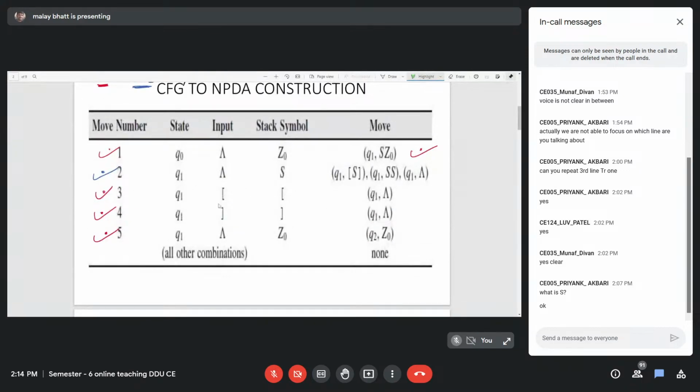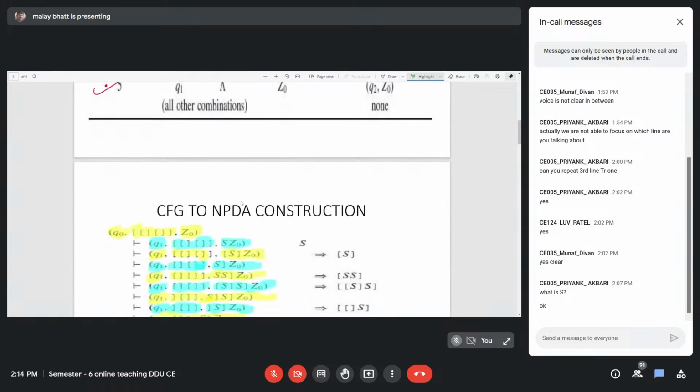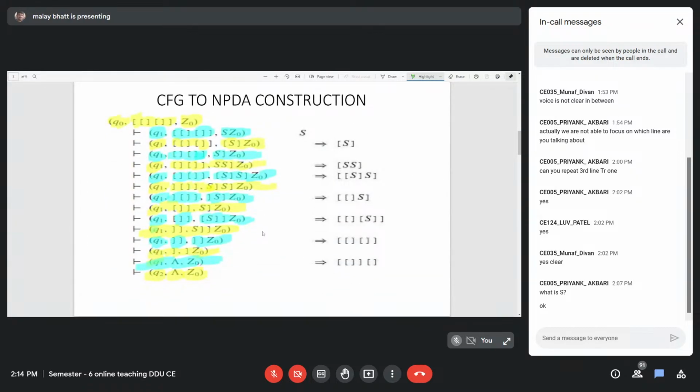Now using these rules, let us see how we can generate the string and how we can reach acceptance. Here you can see we'll start with Q0, and we have some string: an opening bracket, nested open. We have two consecutive opening and closing brackets, and it is nested. And then last is Z0.